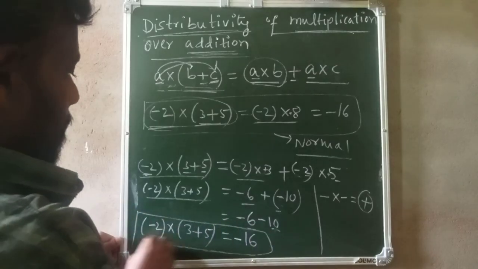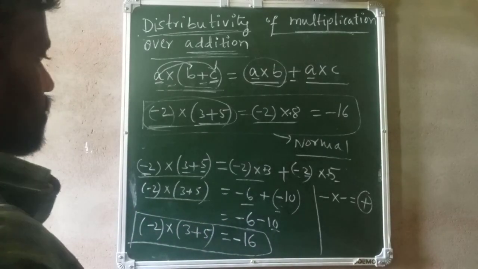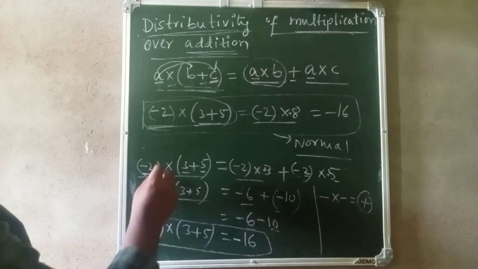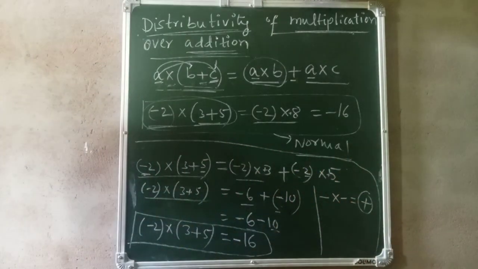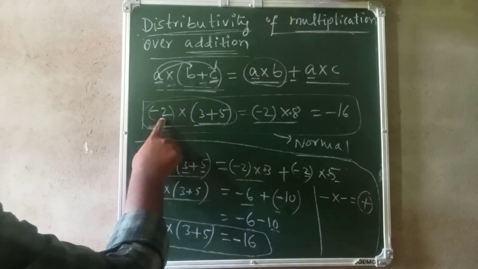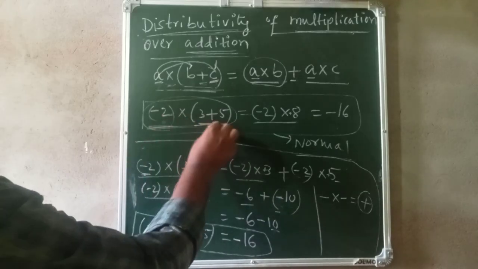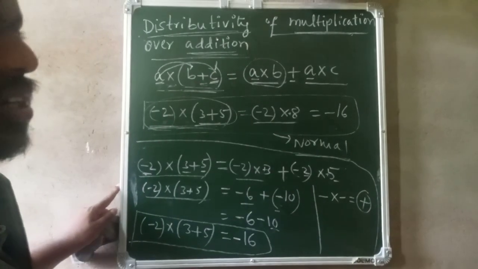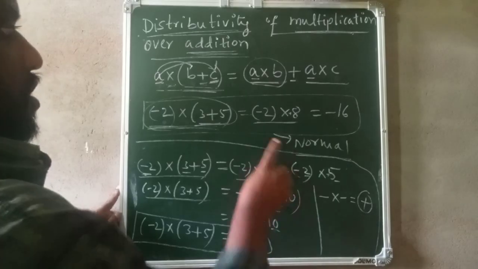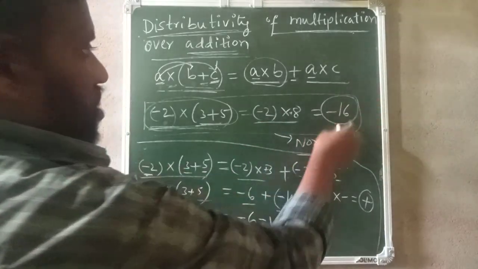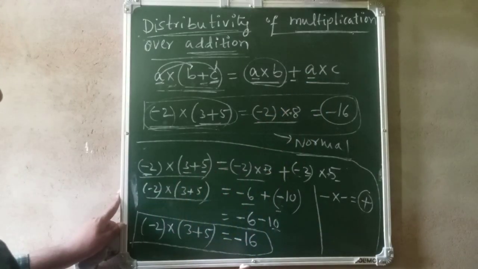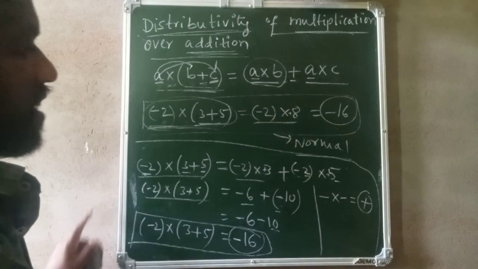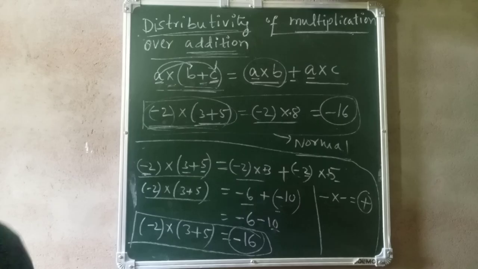See, the given expression is minus 2 into 3 plus 5. Using general or normal multiplication, we got minus 16. But using this property we solved here, we got minus 16. Okay. The answer is the same.